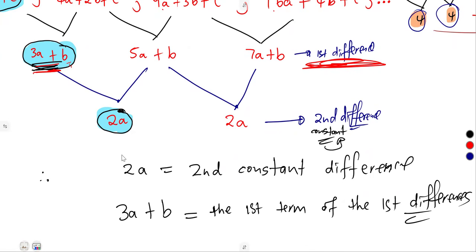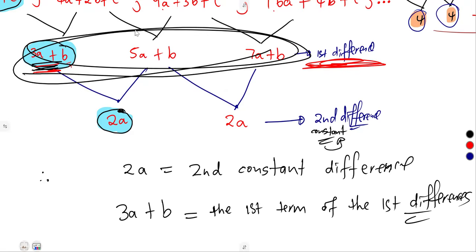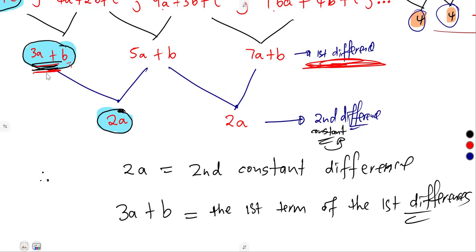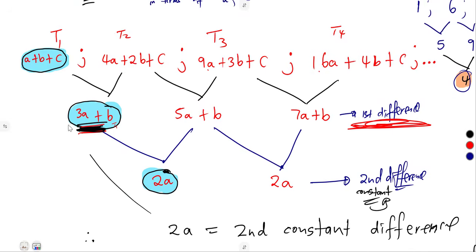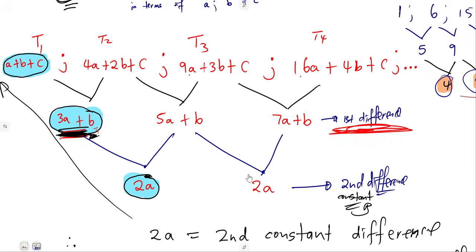Like I said, you take it along this way. 2a, you equate to the second difference. 3a plus b, you equate to the first term on the first difference, like here when it was 5.